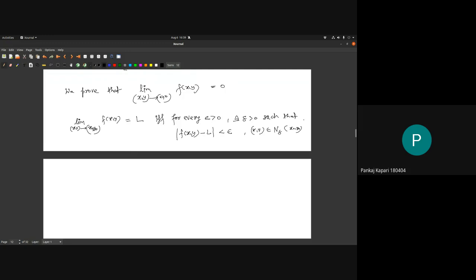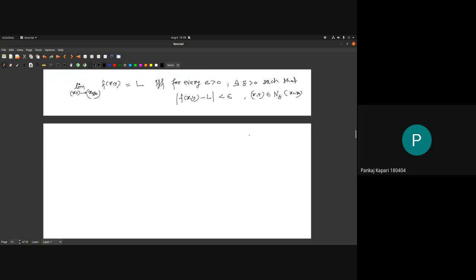Okay, so what is the delta neighborhood of a point? It's just a ball. Take a point (x naught, y naught) and draw a circle of radius delta. So this is radius delta, and all these values which lie in this ball, in this disk, this particular subset of R2 is called a delta neighborhood of point (x naught, y naught).